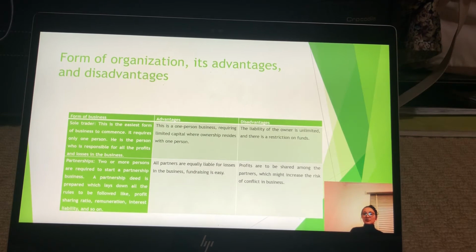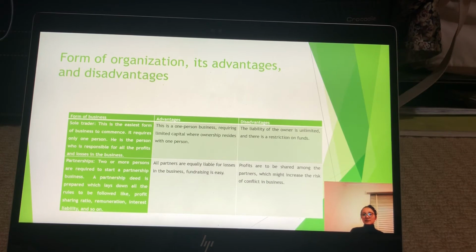For example, the sole trader is a one person business requiring limited capital where ownership resides with one person, which is the advantage, and the disadvantage is that the liability of the owner is unlimited and there is a restriction on funds.